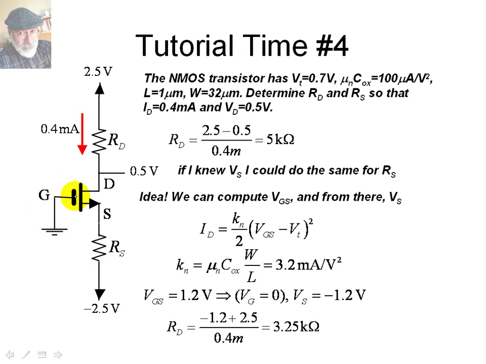Why? Because the gate current is 0. Fine. We say the resistor RS is negative 1.2 minus negative 2.5 volts divided by the current, 0.4 milliamps. That means this resistor is 3.25 kilo ohms.